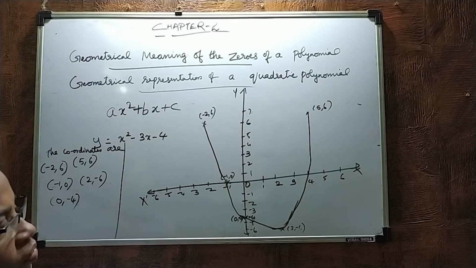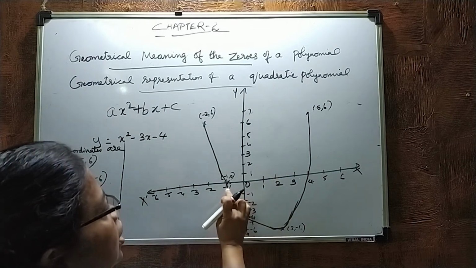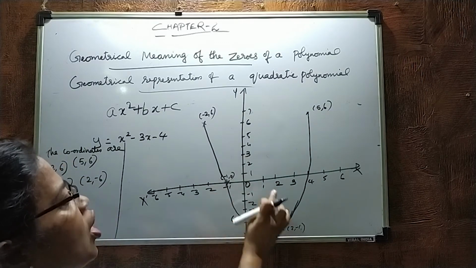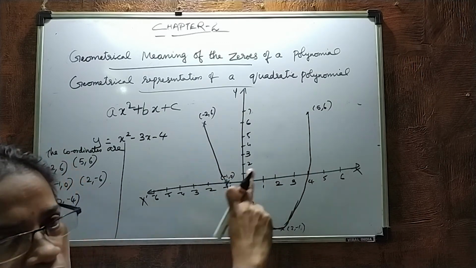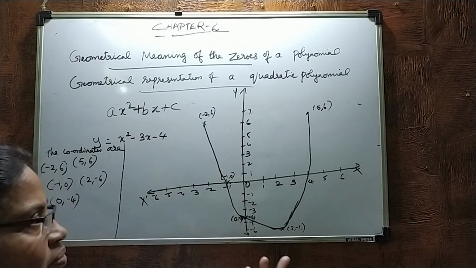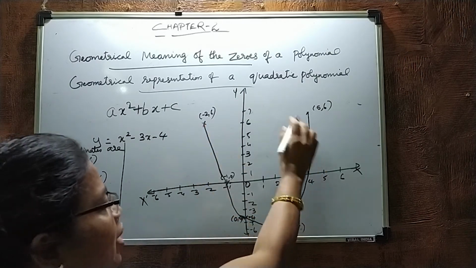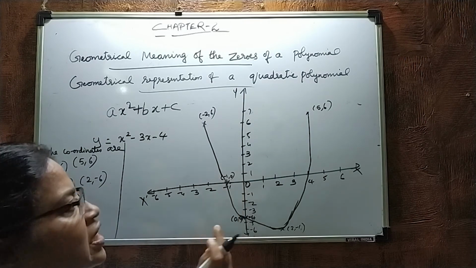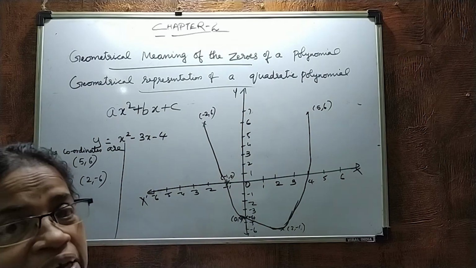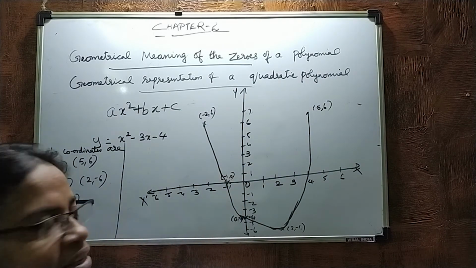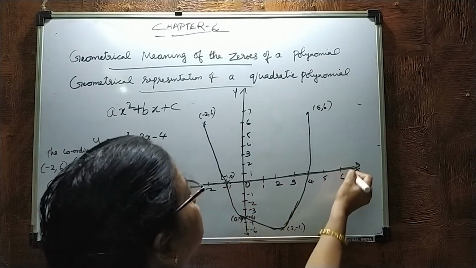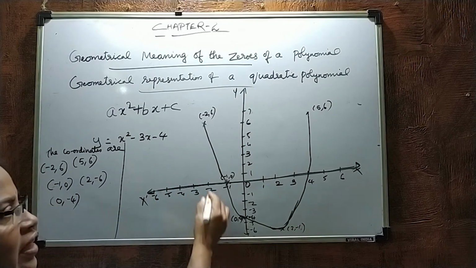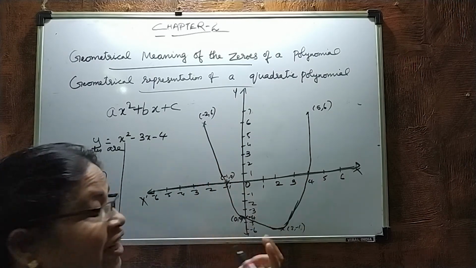So now here two points. This figure is called a parabola, which we will learn later. It intersects the x-axis at 2 points. This is the x-axis, and this parabola intersects it at 2 points.